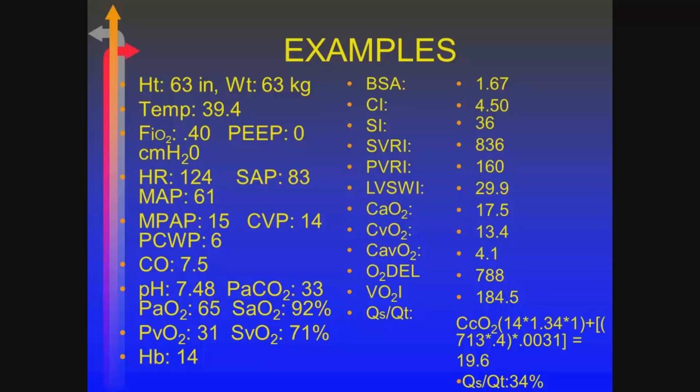Why? Who's the causative factor here? PVO2 is low, isn't it? Yeah. Is it because supply is impaired? Is it because demand is elevated? Demand's up. Supply is not a problem.